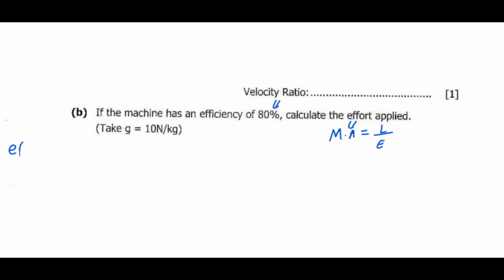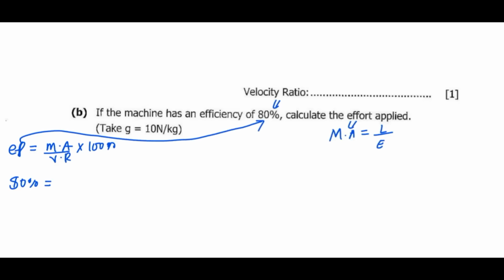We use this formula: efficiency is equal to mechanical advantage over velocity ratio times 100%. So we put 80% is equal to mechanical advantage, which is what we are solving for, over velocity ratio 5, times 100%. So 100% over 5 will give us 20%. So 20% times MA.